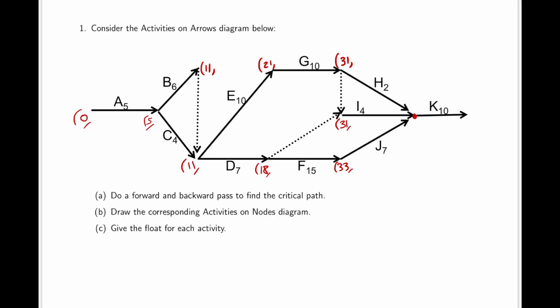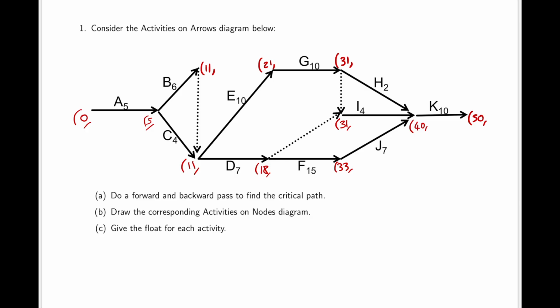There are 3 arrows coming here. So this will be the maximum between 31 plus 2, 31 plus 4, or 33 plus 7, which will give us the earliest time to reach here as 40. And finally, the earliest time we can reach this node, which is the end of the project, is time 40 plus the duration of K, which is 10, and so 50.